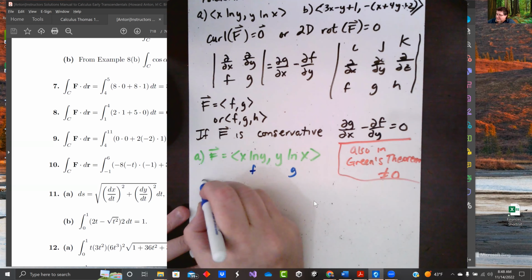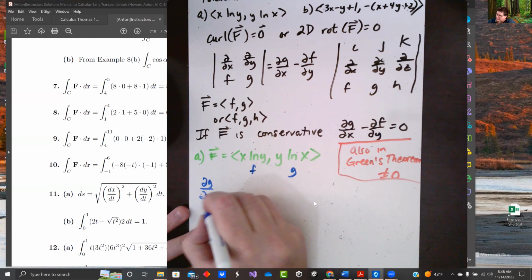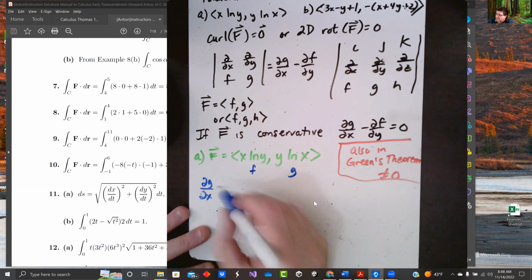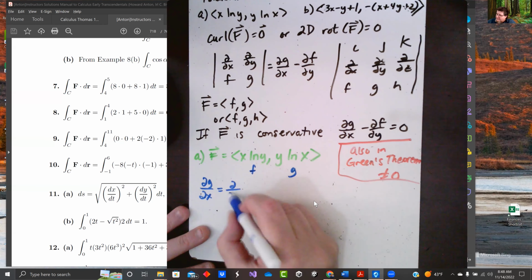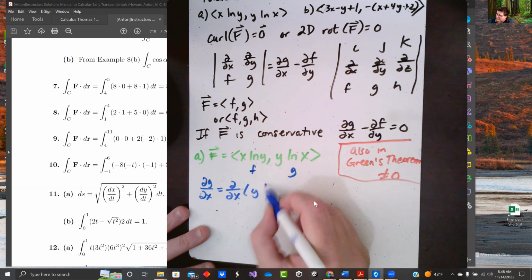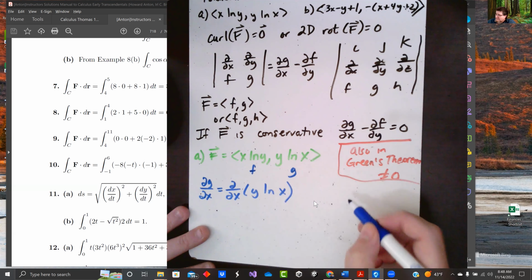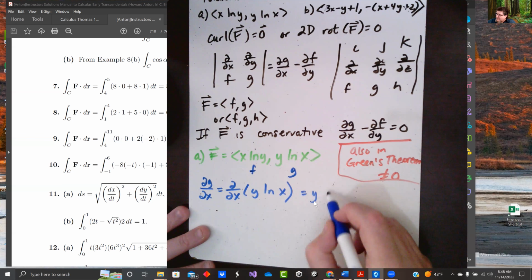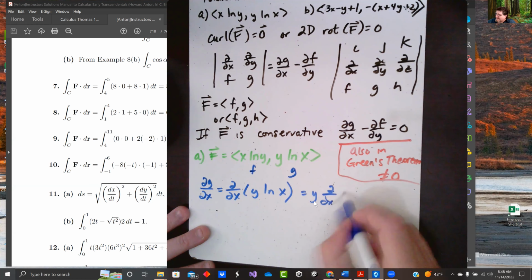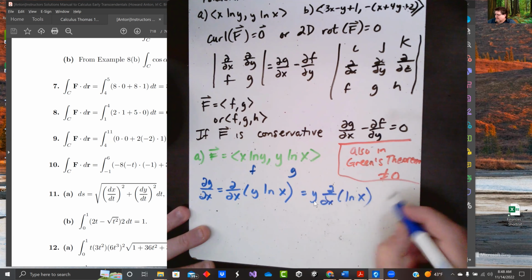So dg/dx is d/dx of y ln x, which is y times d/dx of ln x, which is y over x.